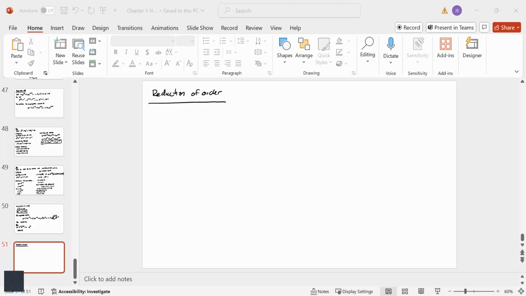So this is the formula for the reduction of order process.